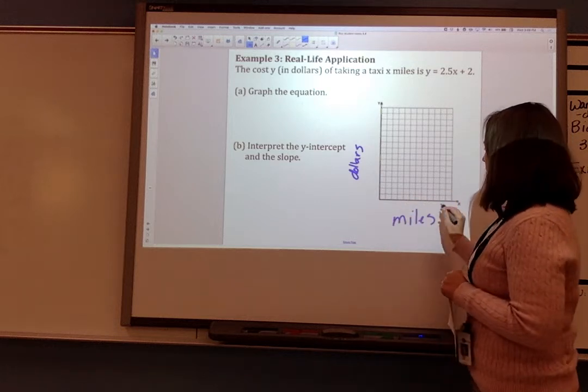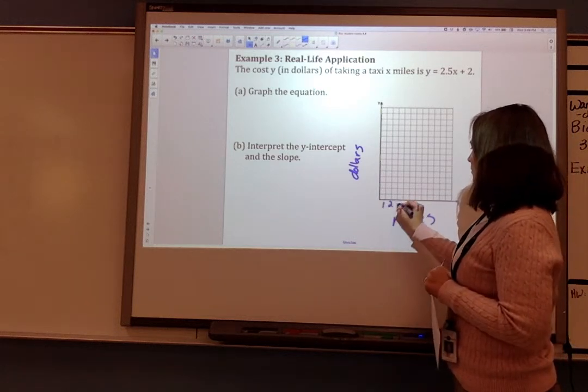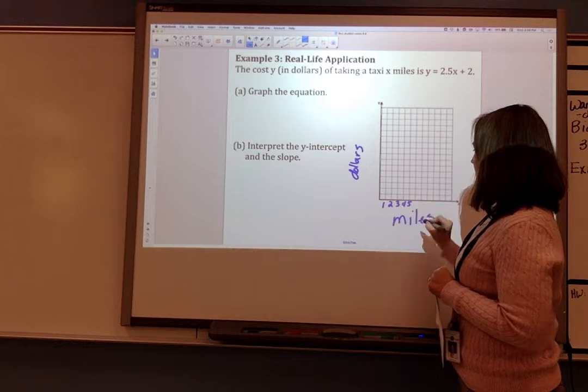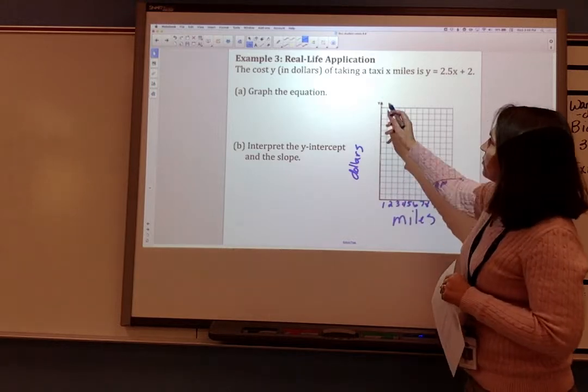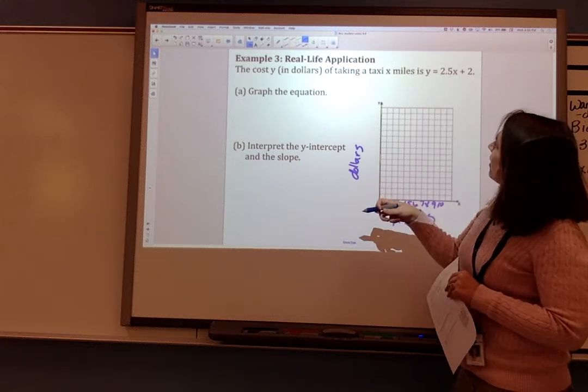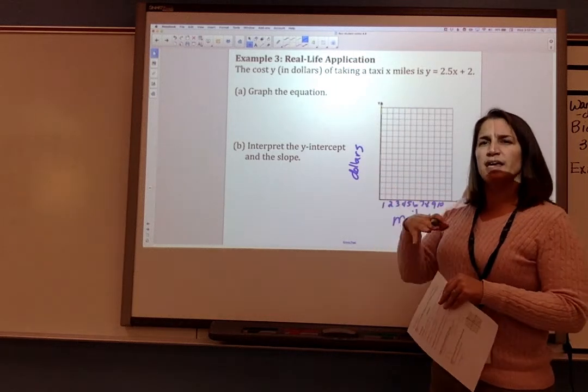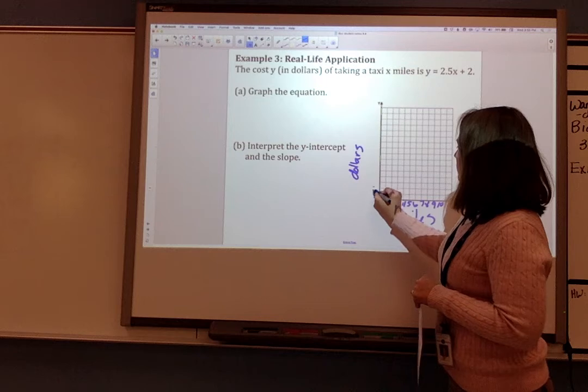And then let's label our miles 1, 2, 3, 4, 5, etc. And our y-axis, sometimes we need to use a larger scale, but I think we could just count by ones on this one too.